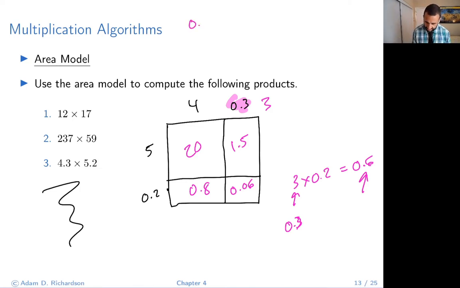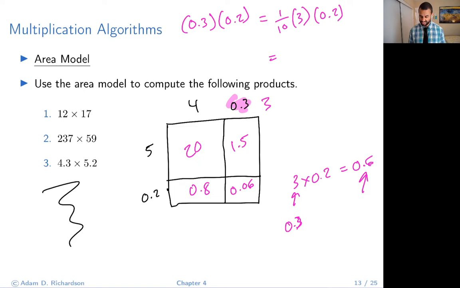I'm saying this, 0.3 times, actually I'm going to write it like this, 0.3 times 0.2 is the same as 1/10 times 3 times 0.2.